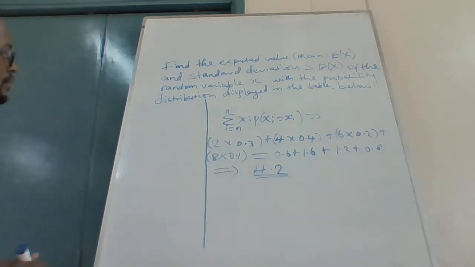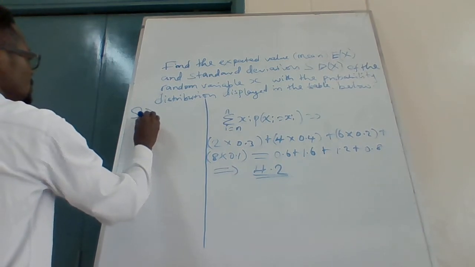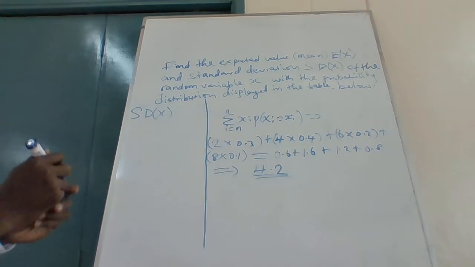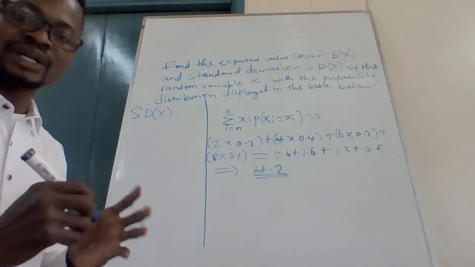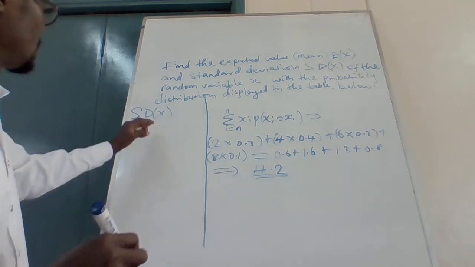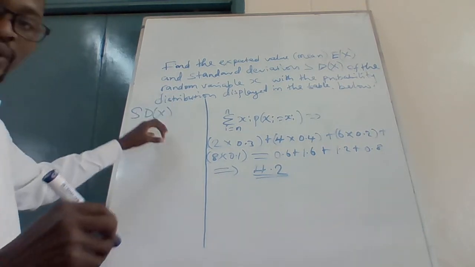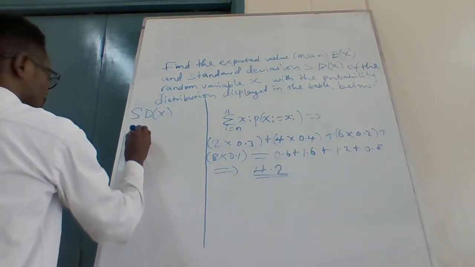So we are to find now the standard deviation, SDX. But we know to find the standard deviation, we must first of all find the variance, because the formula for standard deviation is the square root of variance. So we need to find the variance.